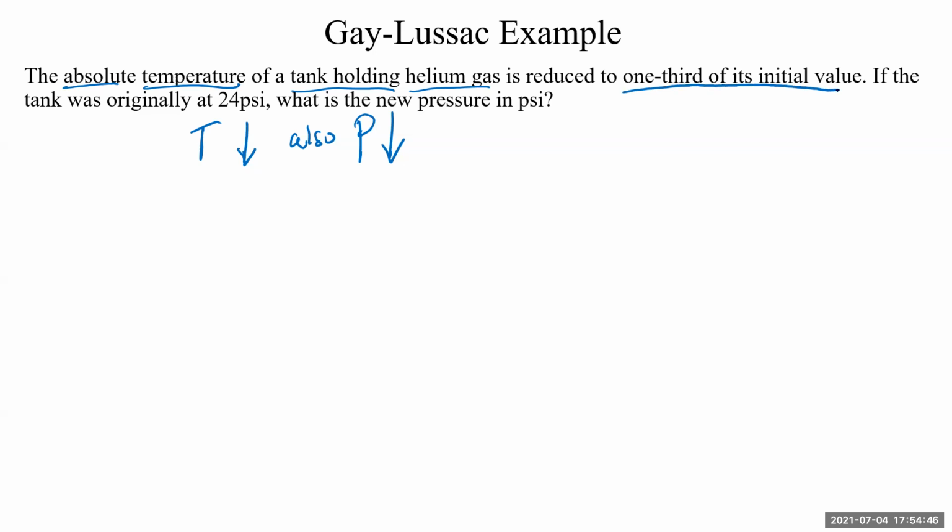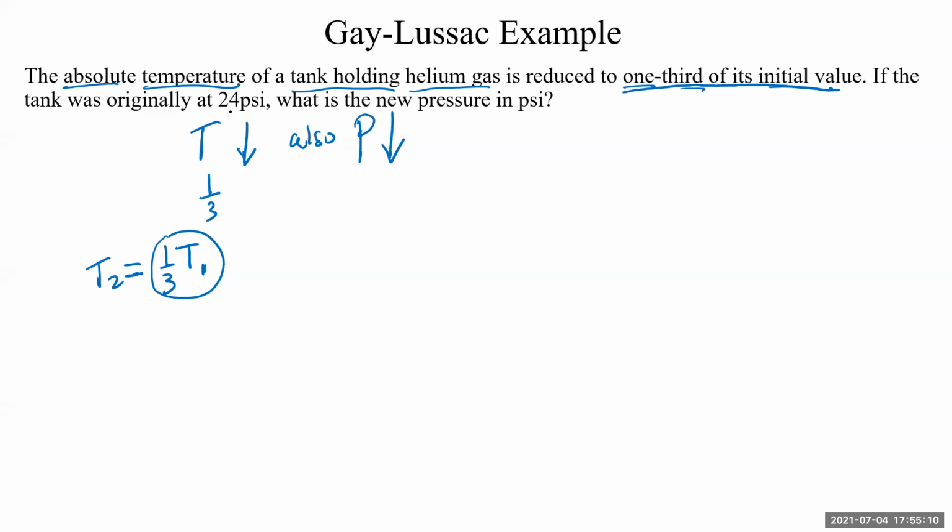So temperature decreases to 1/3. In other words, T2 equals 1/3 of T1. The absolute temperature of a tank is reduced to 1/3 its initial value. Well, if its initial value is T1, 1/3 of T1 is equal to T2, the final value.